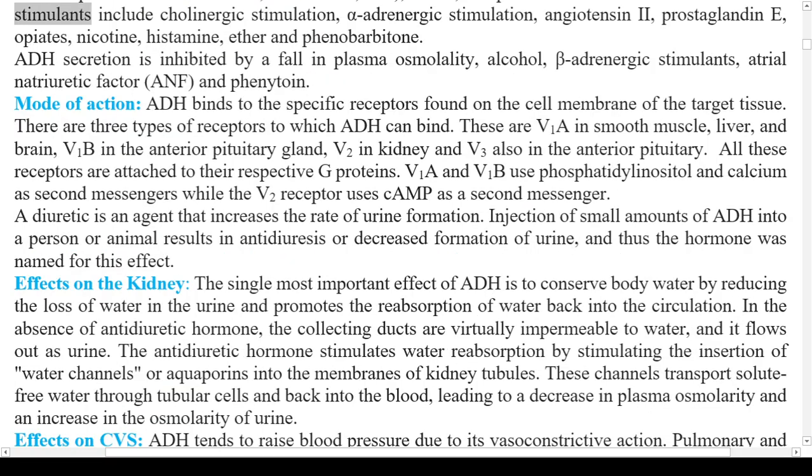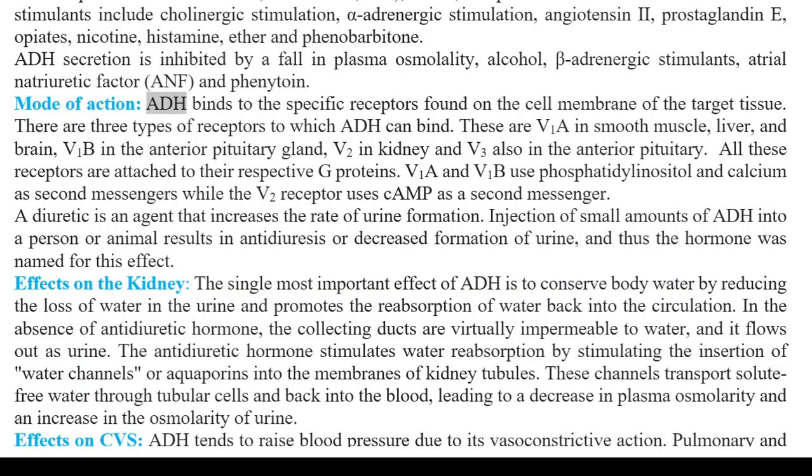Other ADH stimulants include cholinergic stimulation, alpha-adrenergic stimulation, angiotensin II, prostaglandin E, opiates, nicotine, histamine, ether and phenobarbital. ADH secretion is inhibited by a fall in plasma osmolality, alcohol, beta-adrenergic stimulants, atrial natriuretic factor, ANF, and phenytoin.